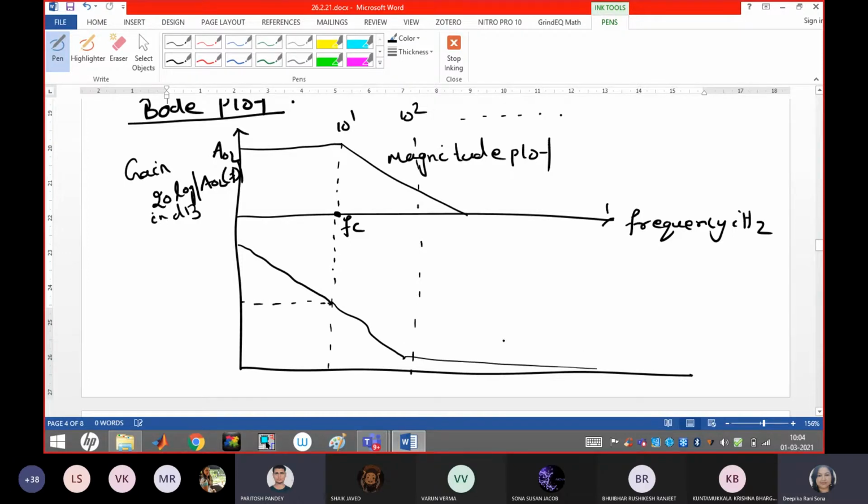Okay. For me it is a little bit difficult because it is a writing pad. Okay. In this way, it will maintain its phase. So this x-axis represents the same FC, your frequency in hertz, and this one is the phase angle.